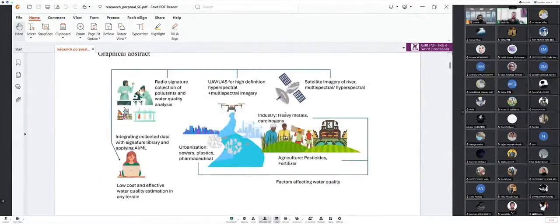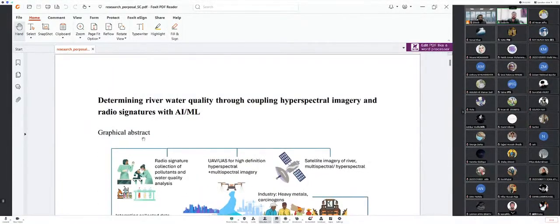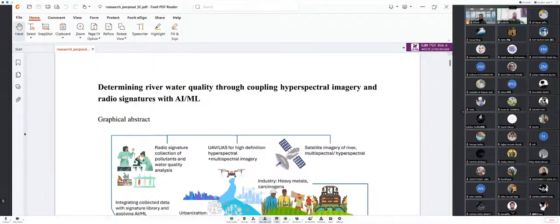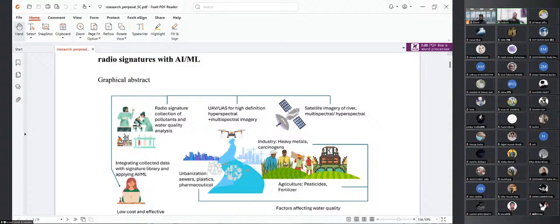This graphical abstract comes just after the topic. So if you put in a graphical abstract, it's always a big plus for your publication. I hope the answer is clear.